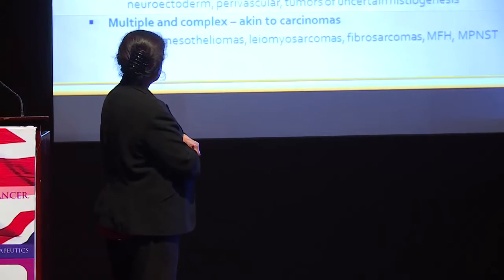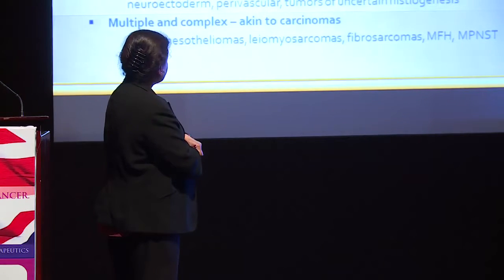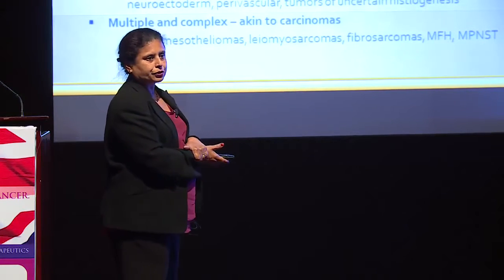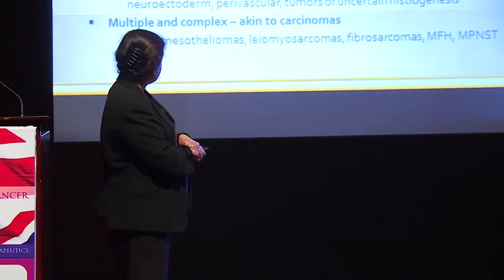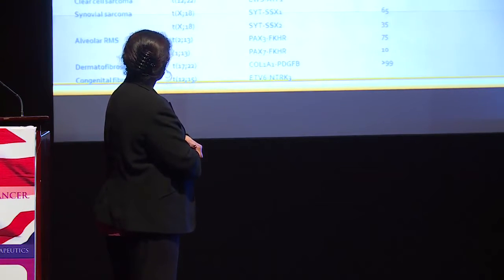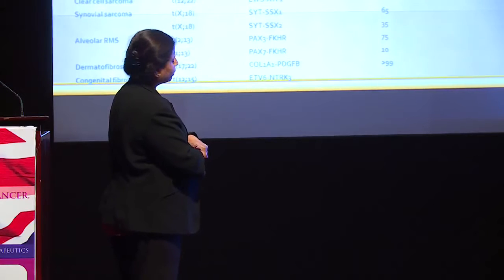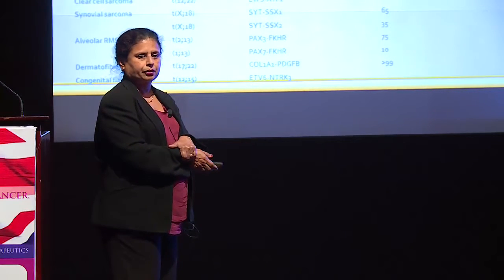These are etiologically significant, and almost all different histologic types have been shown to have some kind of specific abnormality. So these are some of the common translocations, and most of them you can see in close to 90 to 100% of the tumors.